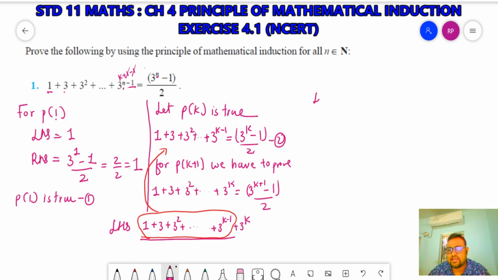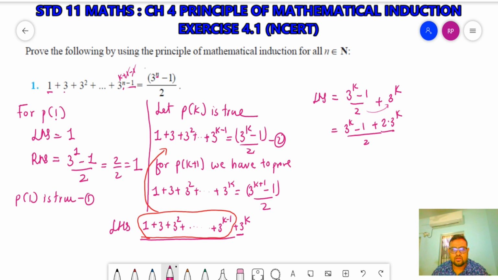I will get LHS equal to, instead of this part which I had just circled, I can use 3 raised to k minus 1 upon 2 plus what is remaining, 3 raised to k. Okay, so this will be equal to, when I take LCM, I will get 2 into 3 raised to k.